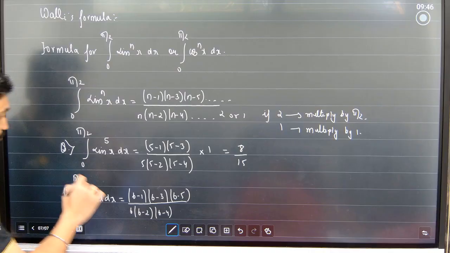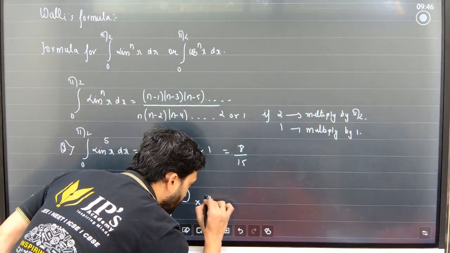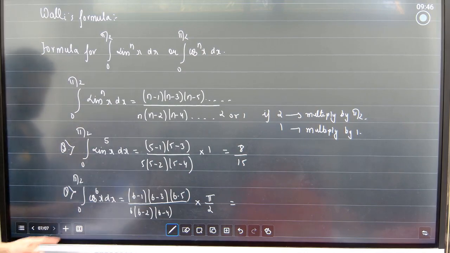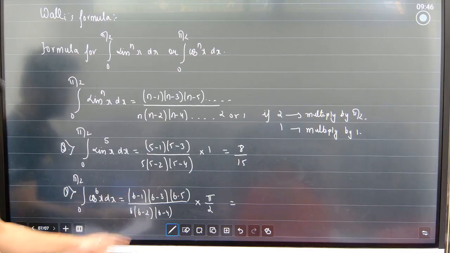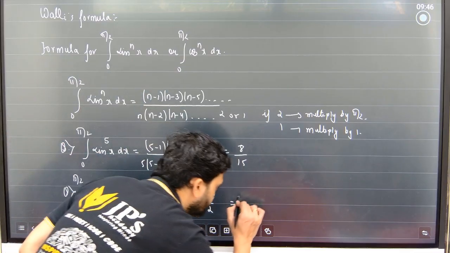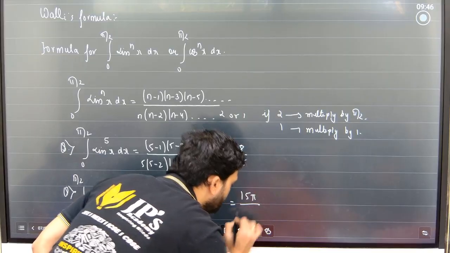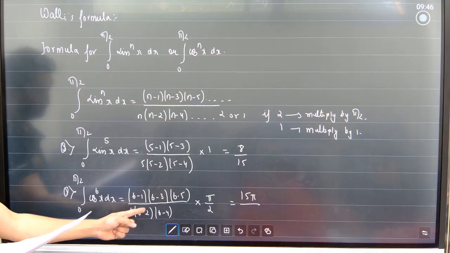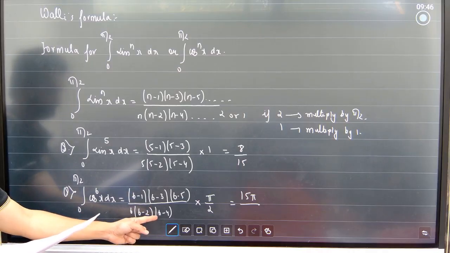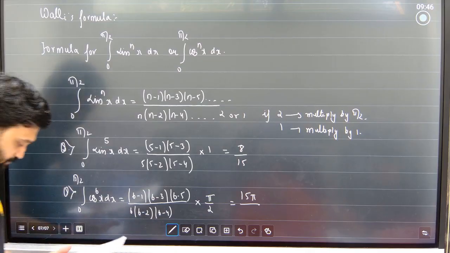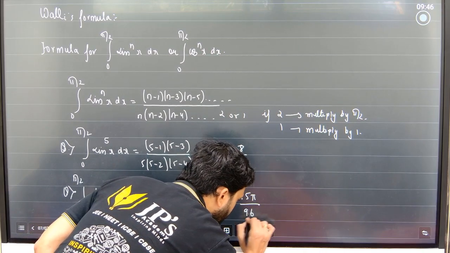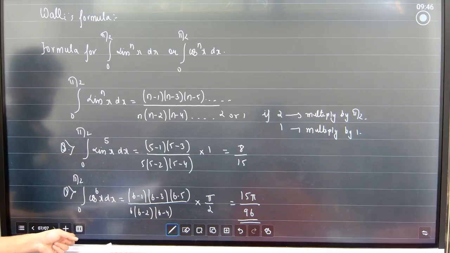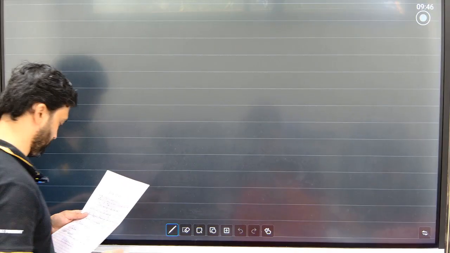Since the last term here is 2, I'll multiply by pi by 2, and if I solve this further, this will become 5 times 3 is 15, 15 pi upon 6 times 4, 24, times 2, 48, times 2 is 96. So my answer is 15 pi by 96. This is your Wally's formula. This is for Wally's theorem.